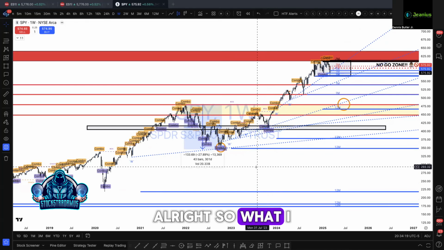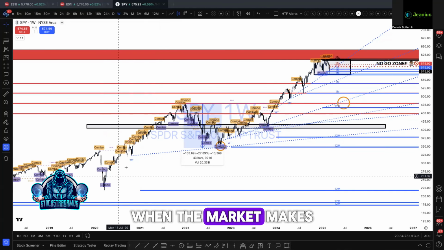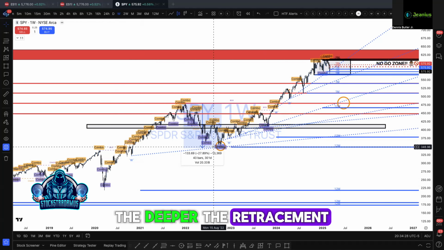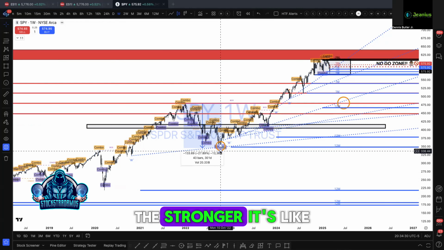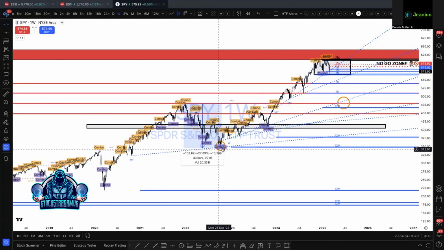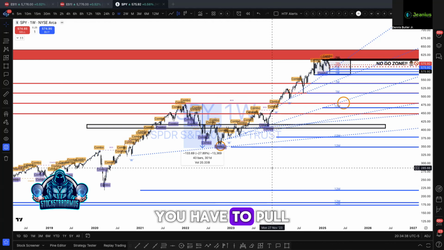All right, so what I was saying was, when the market makes a retracement, the deeper the retracement, the stronger. If you think about a bow and arrow, in order to shoot it further, you have to pull it back further, right?